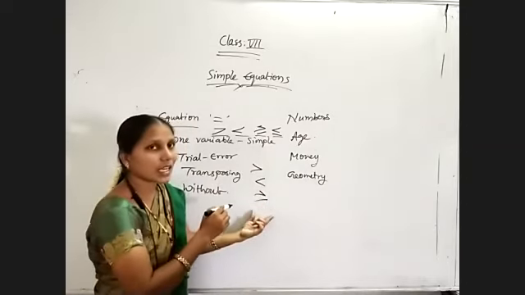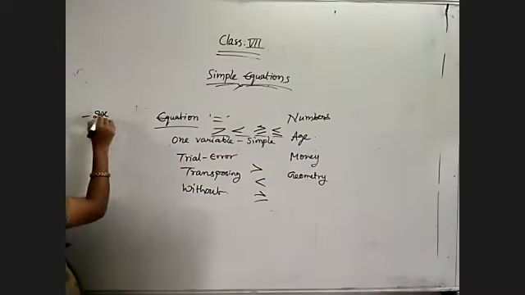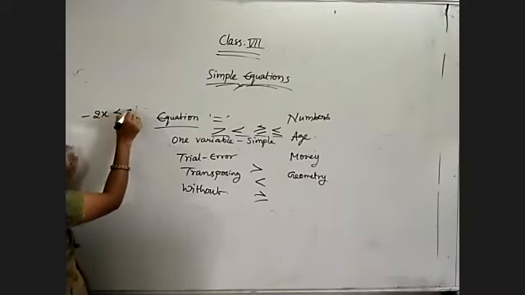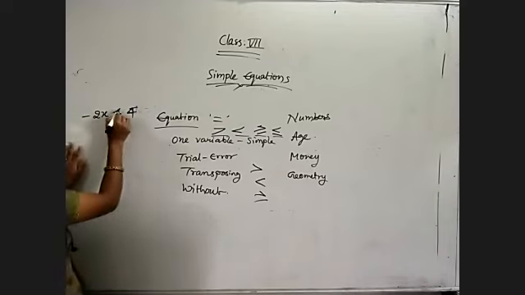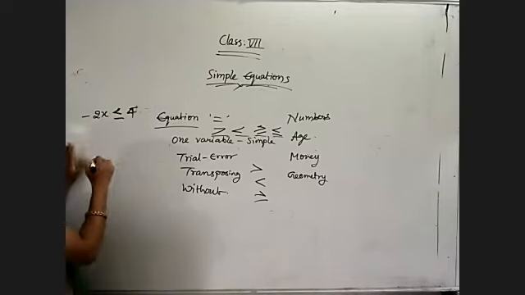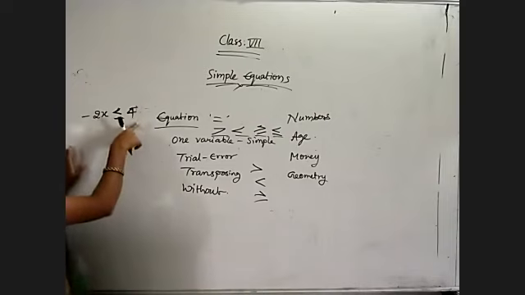But suppose my inequation is minus 2x is lesser than 4. This is an inequation because it is related with the less than symbol. Now I need to find x. Since minus 2 is multiplied, I need to apply the division operation.